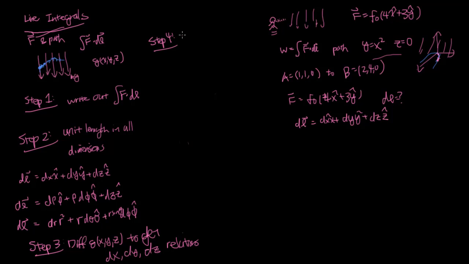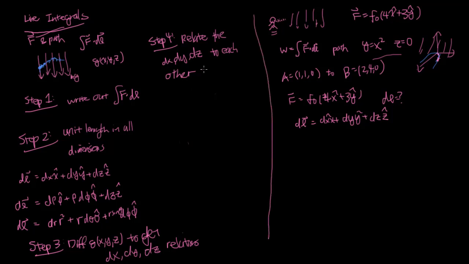But relate, in this case, Cartesian, we'll just stick with the Cartesian example, dx, dy, dz to each other. So the goal is you want to get one variable that you can integrate. So let's do that in this example.